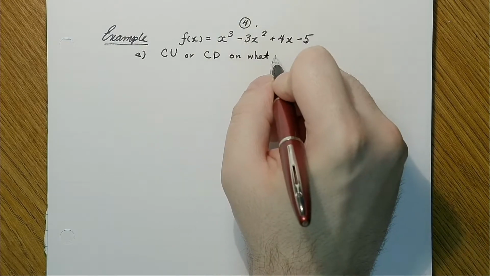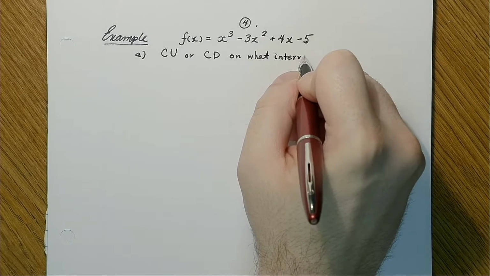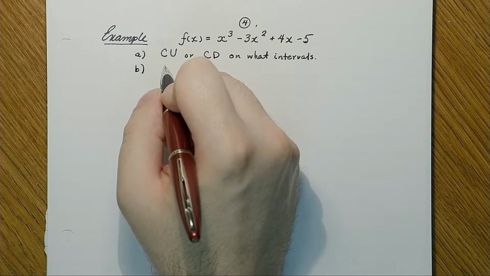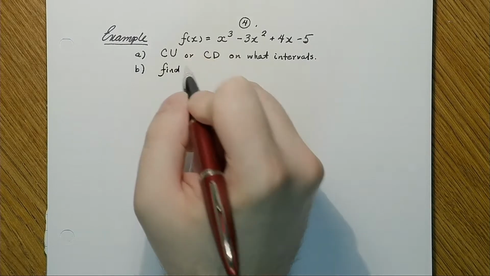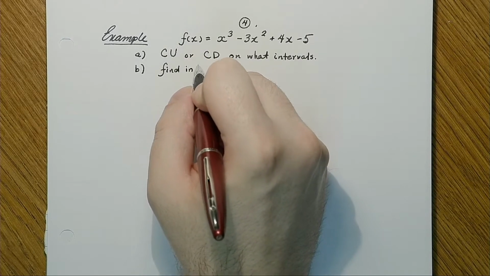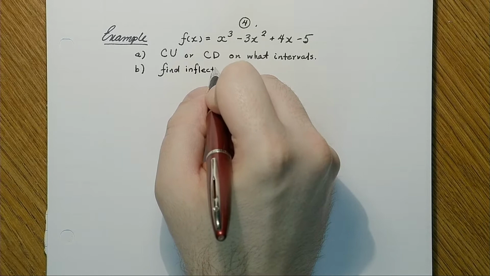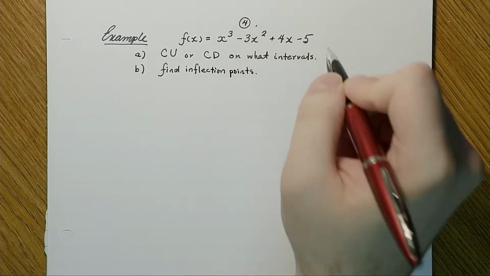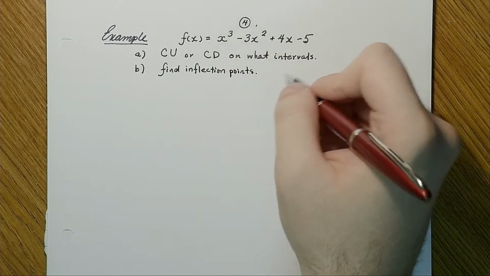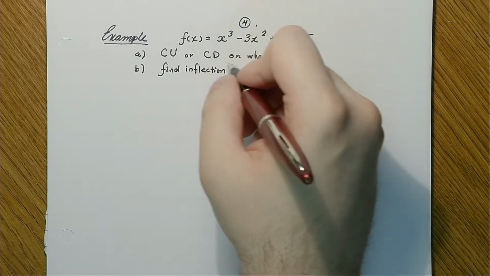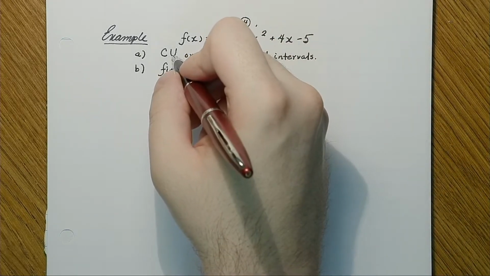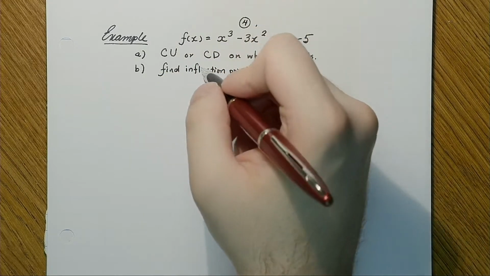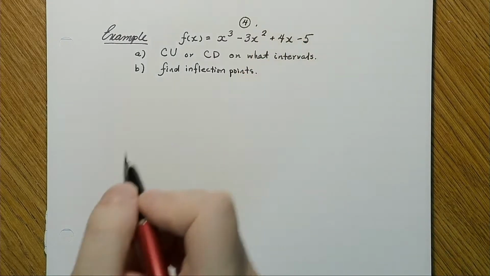On what intervals? And then B would be like, find inflection points. And really, if we do our work, we get B for free, because we have to find where it's concave up and concave down, and where it does switch, then we'll be able to say explicitly that those are points of inflection.